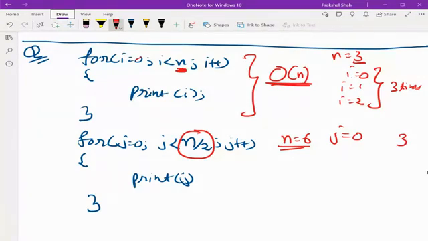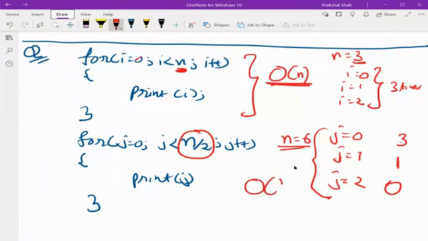Second time n by 2 will be what? 1, है ना? And third time what will be my n by 2? This will be 0, this will be 1, and for the third time how many times will it run? 0 na, right? So can I say it will run for 3 times, right?